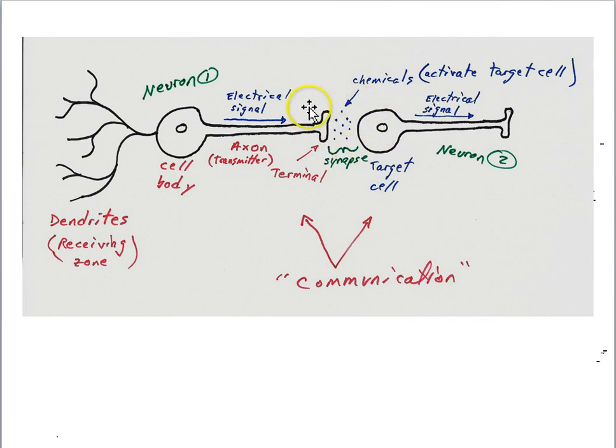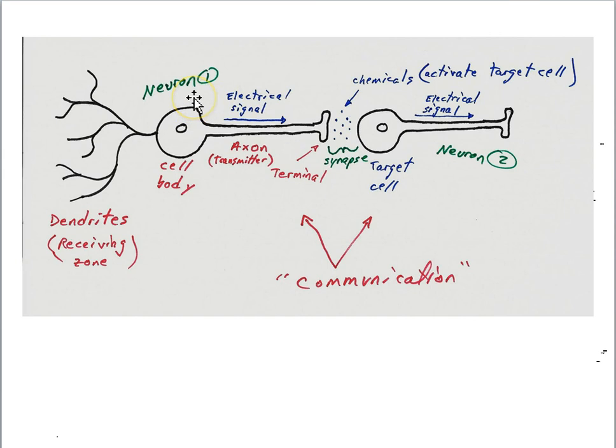That junction there is called a synapse. And the purpose of the chemicals is to convey a message, to relay a message to the target cell. The chemicals will generate electrical signals in the target cell, and the target cell can carry that electrical signal down its axon to its terminal and influence whatever cell is next in line.